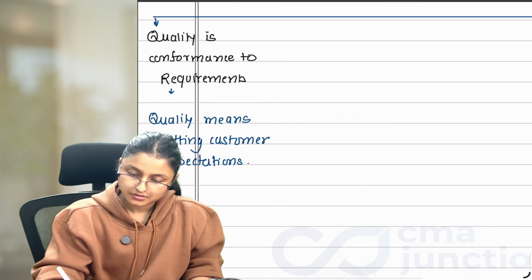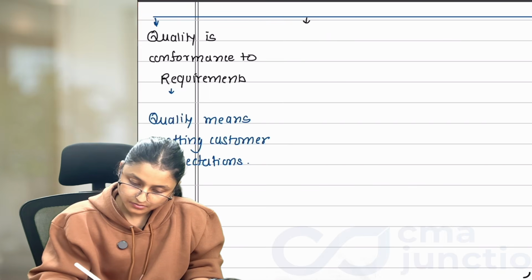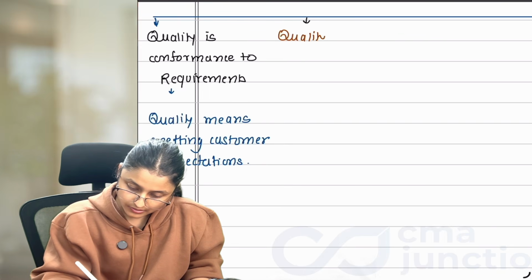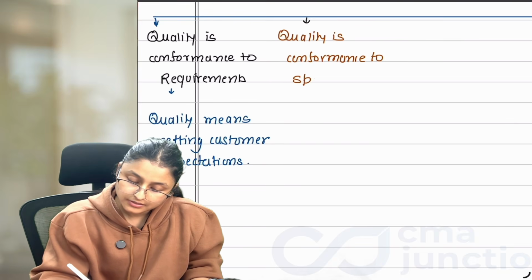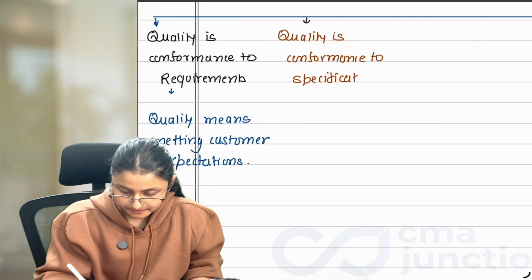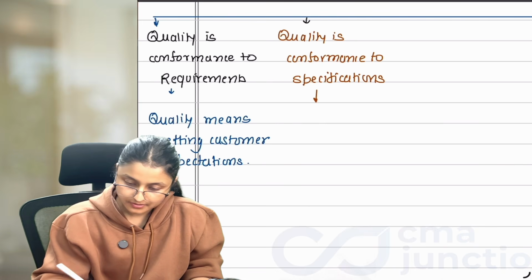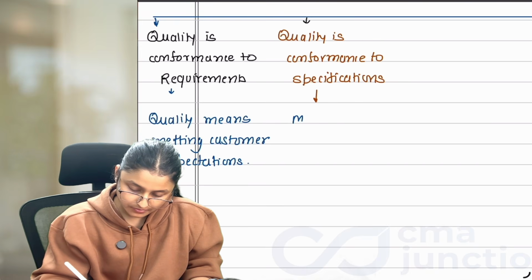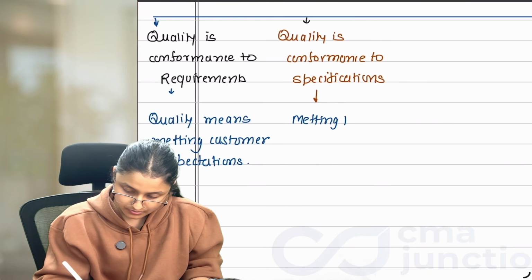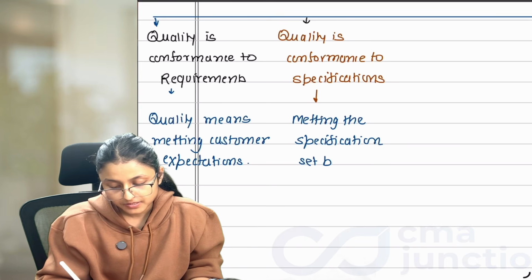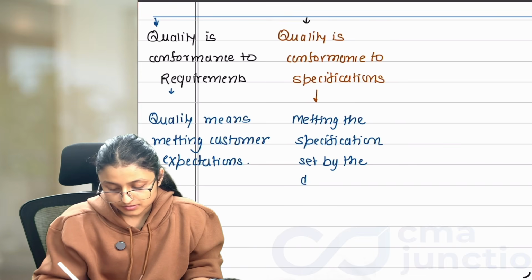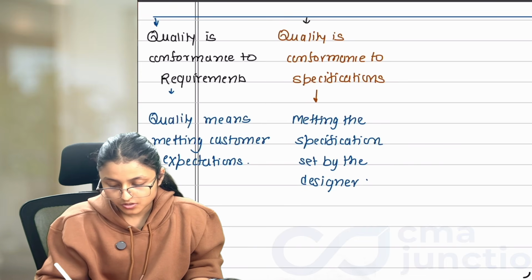Next, quality is conformance to specifications. Here we are focusing on the standards set by the company, right? So, meeting the specification set by the designer or engineer.